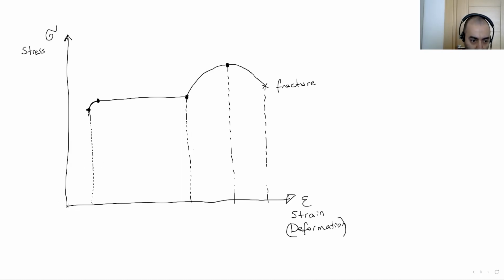Instead I'd like to use this line. That's better. Okay, this is perfectly linear part, until this point. We call this point proportional limit.